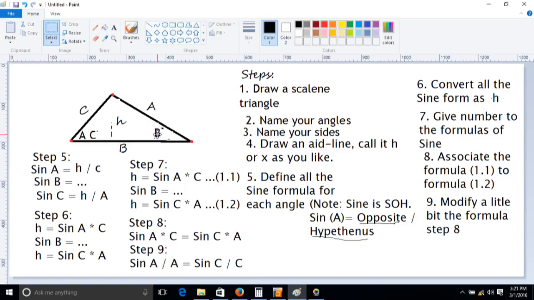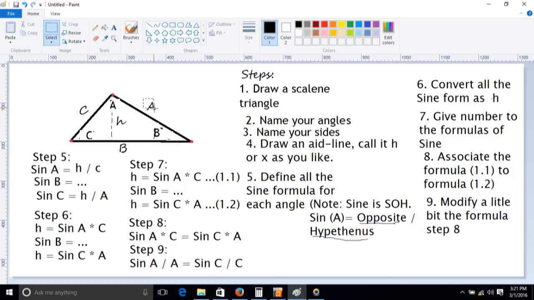So B goes like this, and C and A go up there, like that. The sides also change like this.